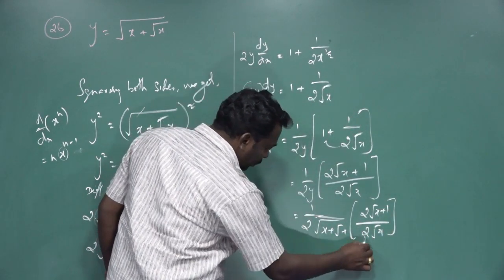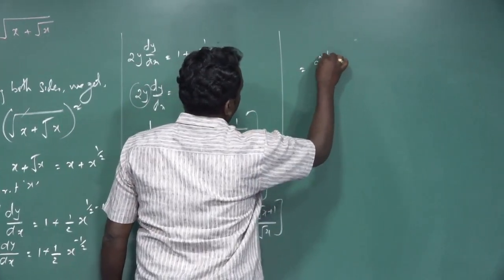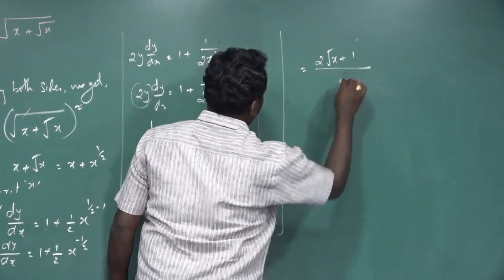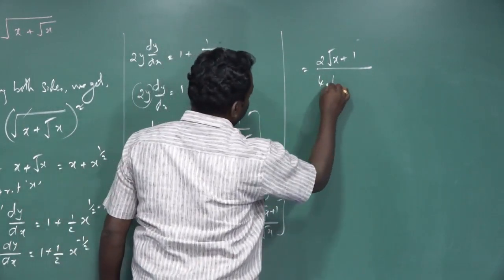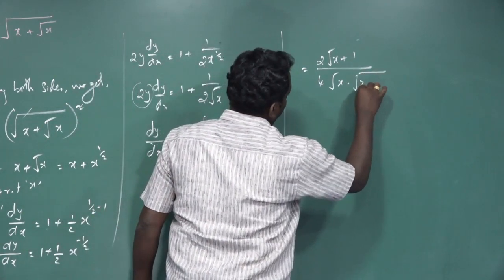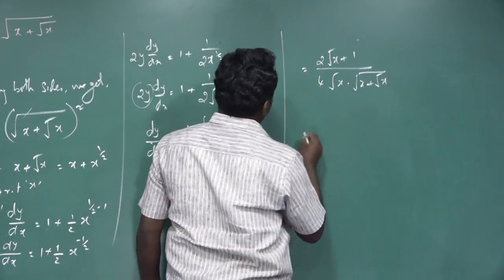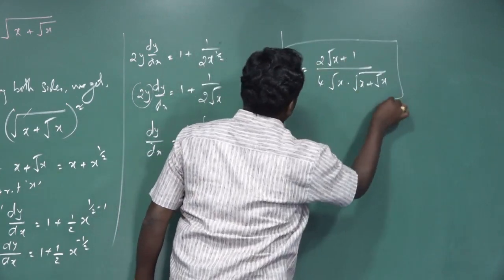Just multiply the terms, 2 2s are 4, that is equal to 2 root x plus 1 in the numerator and 4 times root x into root of (x plus root x), that is dy by dx, this is the final derivative.